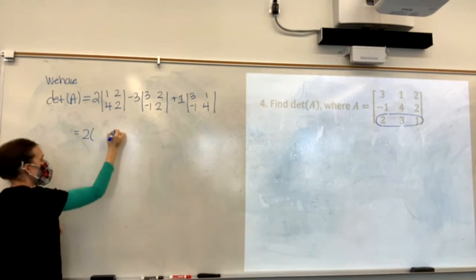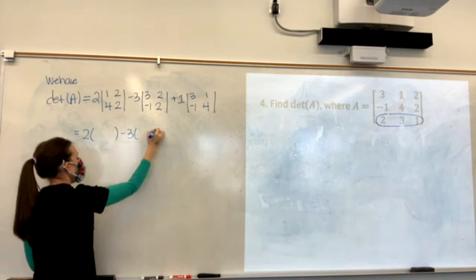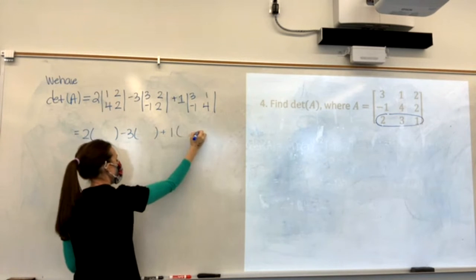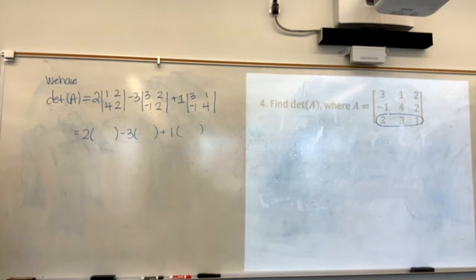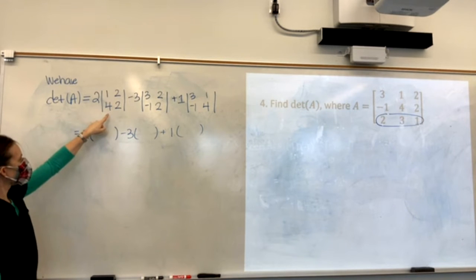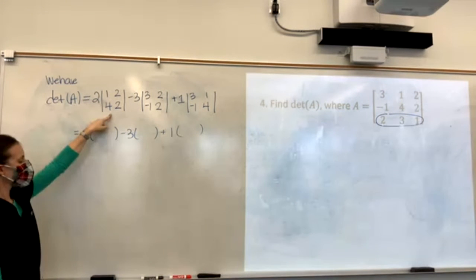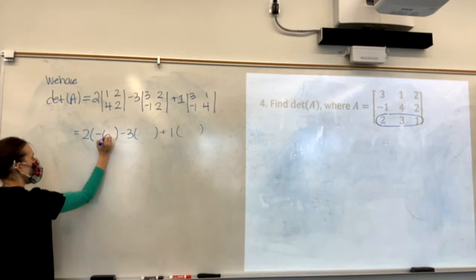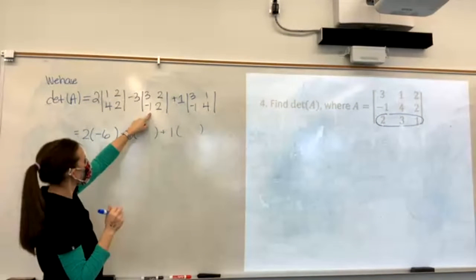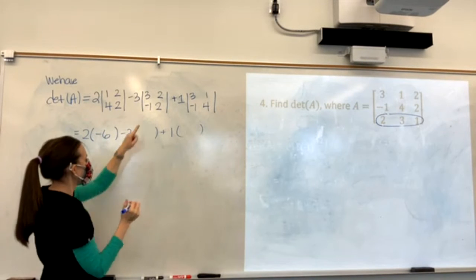All right, let's see what we get. Okay, so what's the determinant of this guy? Negative 6. Of this guy, 8.